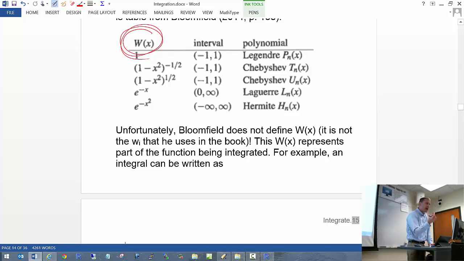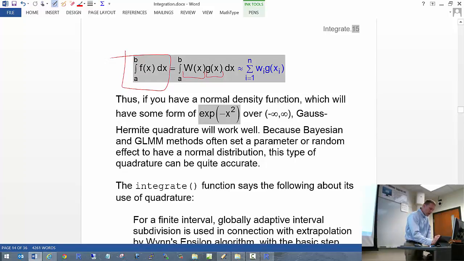So if you could somehow arrange the f of x function that you want to integrate in a format so that you have, let's say, e to the -x squared as w of x, and then everything else is put into g of x, then Gauss-Hermite quadrature is going to be very good. And so then what you're hoping to do is again approximate it by some weights, where this w_i is not connected to this w of x at all, not directly, times now g of x_i.